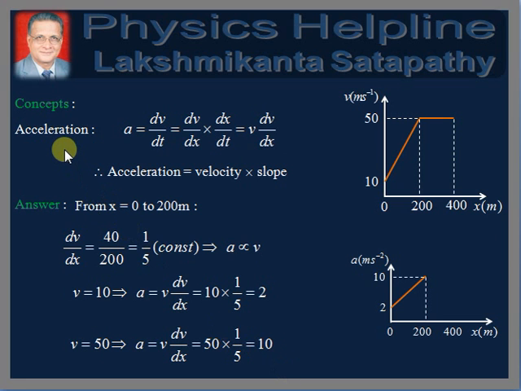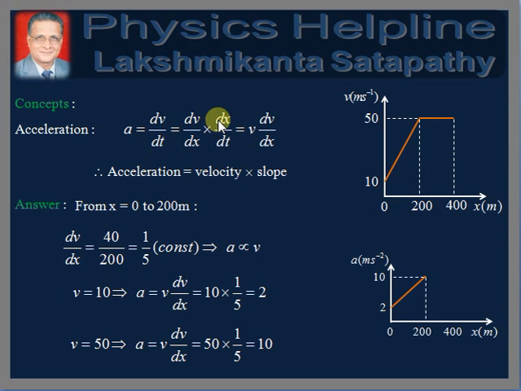Before proceeding to solve the problem, let us understand the related concepts. We are required to find the acceleration displacement graph from the given velocity displacement graph of the motion of the bicycle. Therefore, we need to establish a relation between acceleration and velocity. Now, acceleration is defined as a is equal to dv by dt.